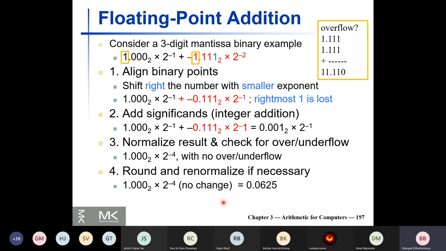Now, here is an important question. We are doing an arithmetic operation, and we have sign bits also. So we have positive and negative numbers. At the end, what will be the sign of the result?